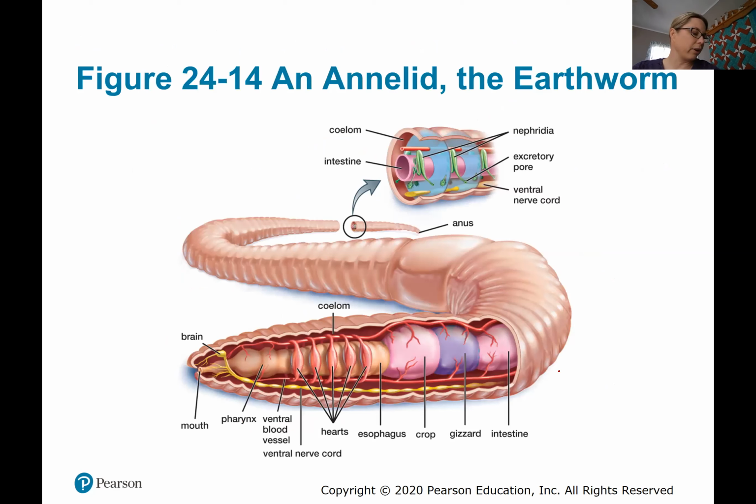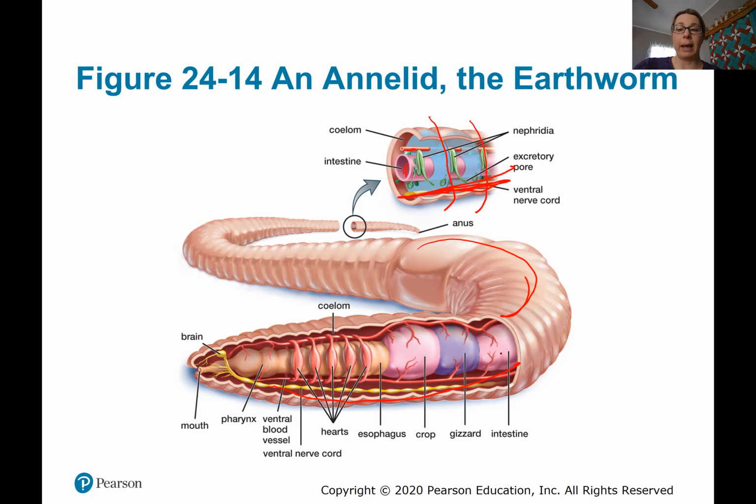Here is just a diagram of an earthworm or a typical annelid, and you can see the rings, the segments here, and each segment's going to have part of the body cavity, a blood vessel, digestive structure, reproductive structures, the ventral nerve cord. We're going to see that in a few of the different animals. We have a dorsal nerve cord, meaning on our back. This would be the dorsal side, the back side, and this would be the ventral side, like our stomach side if we were laying down.